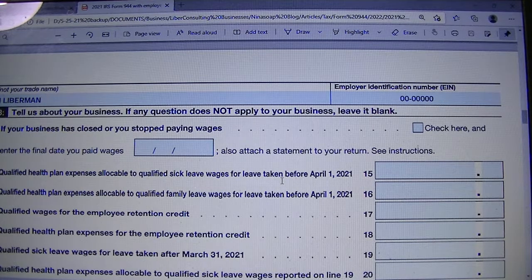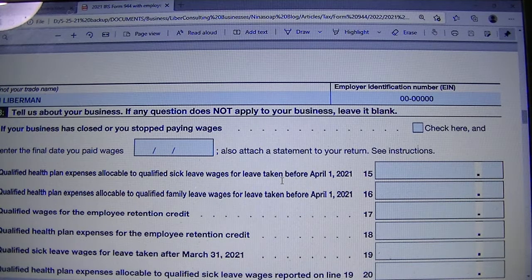You'll put the day it is closing, or if you are transferring it to another business or somebody purchases it, you'll put that information: the date of the transfer or the date of the closing, the name of the person that is going to keep the old business tax and business documents, and the address of the person where those documents will be kept.